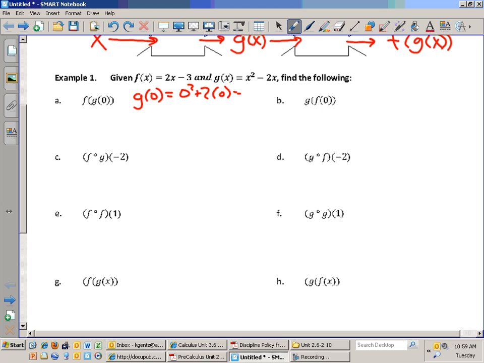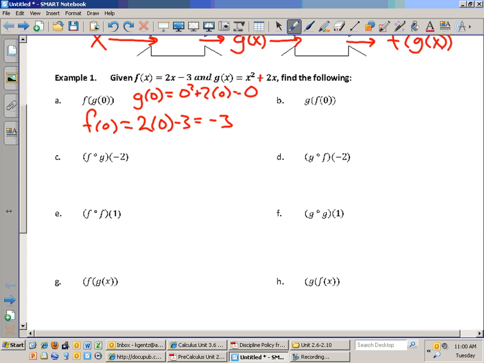I'm sorry, you guys have a plus sign. So in other words, f of g of 0 is asking me to evaluate f of 0. So now I take that 0 and plug it into 2x minus 3. I get 2 times 0 minus 3, which is negative 3.